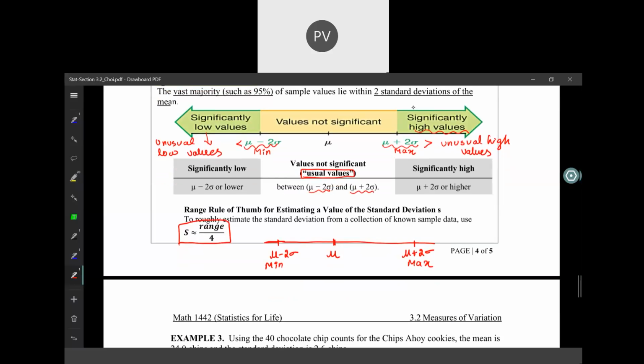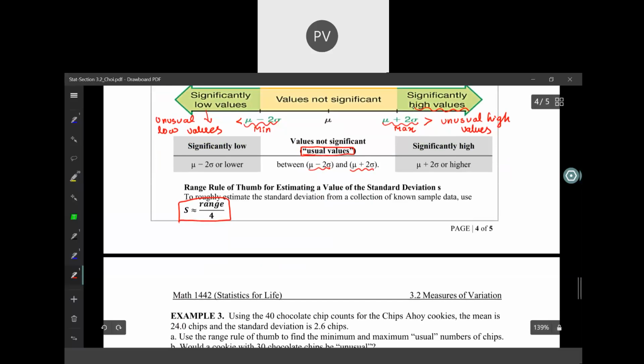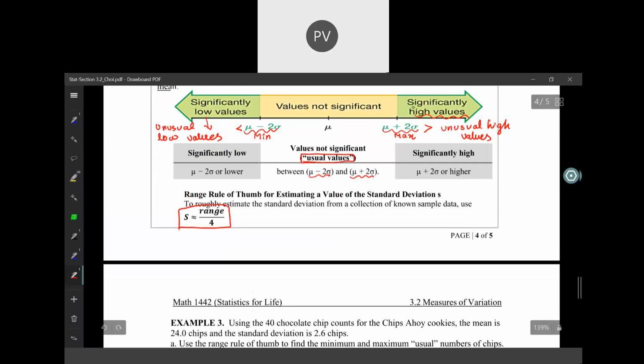Now, how do we get this formula? What is the formula for range? It is maximum minus minimum, right? Now, I said to you that this is approximately minimum and maximum. So, I'm just using the approximate symbol here. Now, it is maximum minus minimum, right? So, what is maximum here?